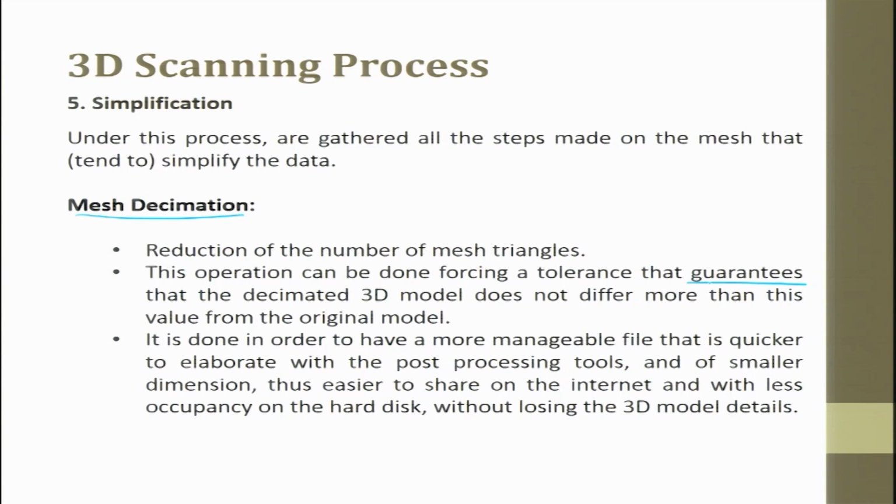Okay. So, this tries to guarantee. It is done in order to have a more manageable file that is quicker to elaborate with the post processing tools and of smaller dimensions, thus easier to share on the internet and with less occupancy on the hard disk without losing 3D model detail.